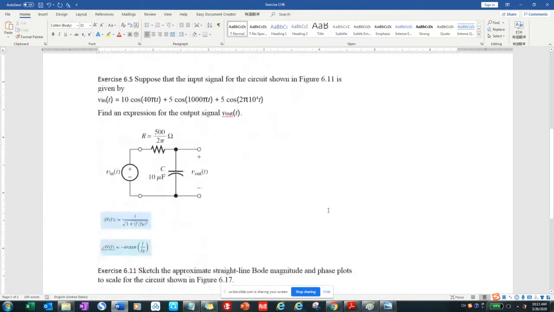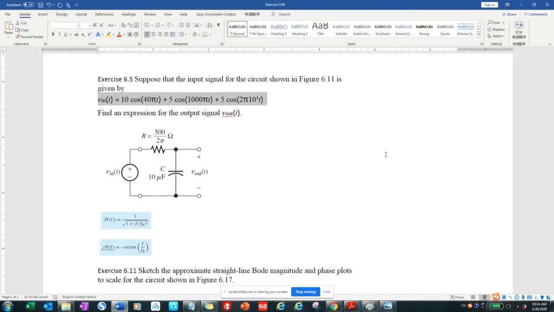The second question is exercise 6.5. If we have an input signal, given like this, you can see we ask you to figure out what the output will be. This question is pretty much the same as the previous question, exercise 6.3, which we've just done.